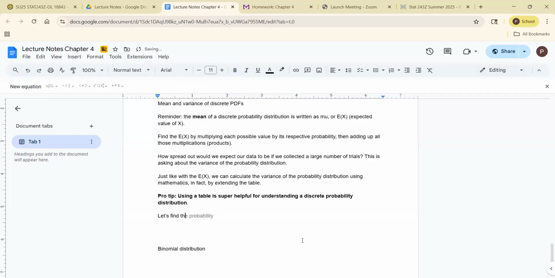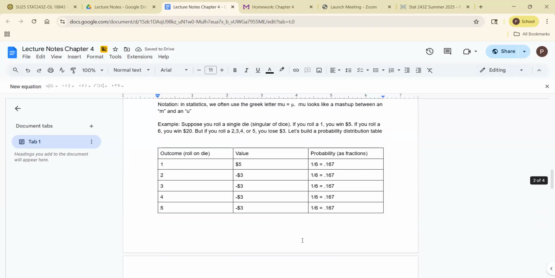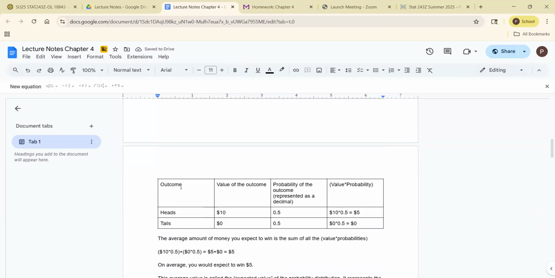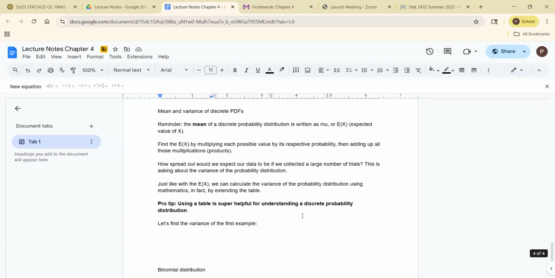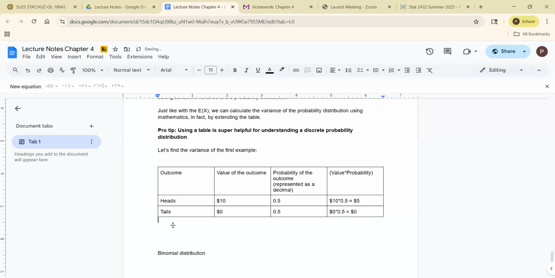So let's find the variance of the first example I gave you, which was flipping a coin, getting a heads or a tails. So our outcome was you could get a heads or tails. The value of the outcome, if you got a heads, you won $10.